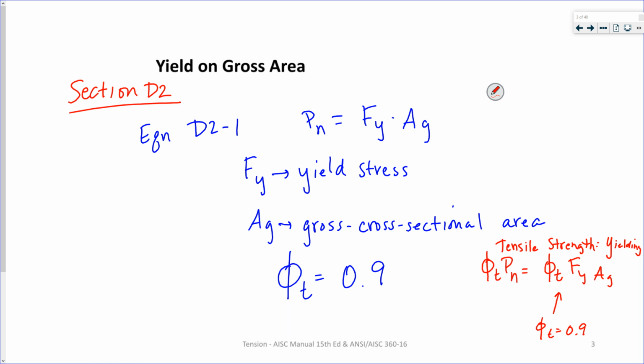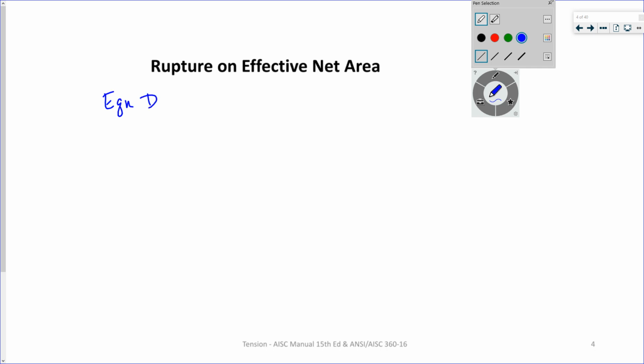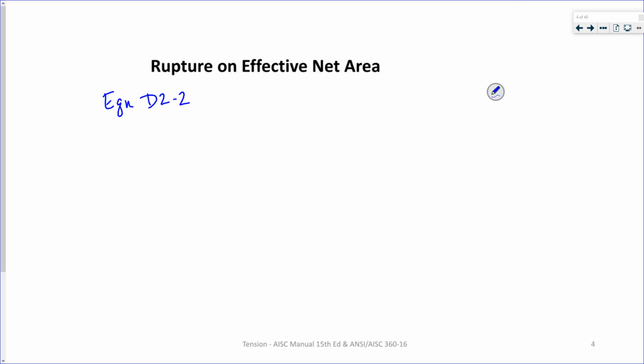Okay? My second limit state, it says, is rupture on the net effective area. So now we look at the next one, D2B, equation D2-2. My tensile strength for tensile rupture is the ultimate stress, F u times A e.